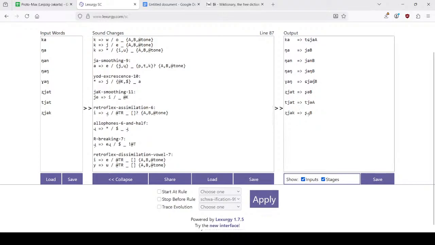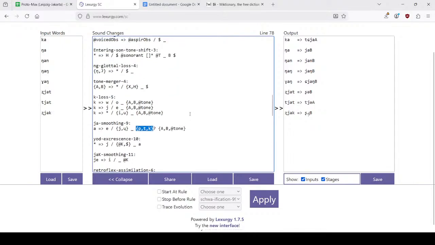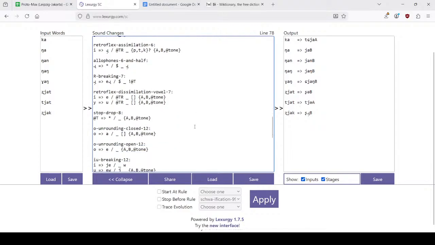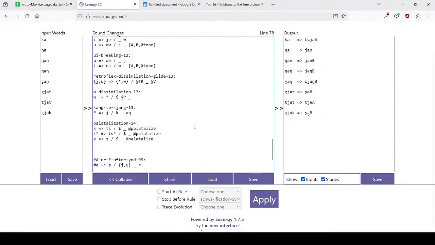Is that not how this works? No. It's not because you're targeting the wrong thing. This is the thing you wanted to target. This is not the thing you what? Wait, what am I doing? I thought there was like optional segment.